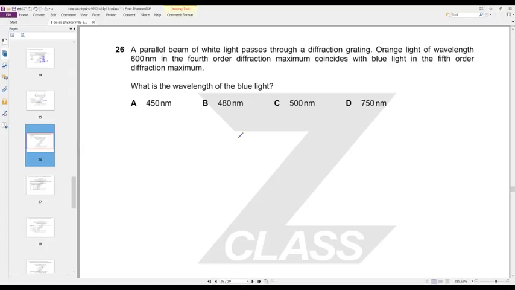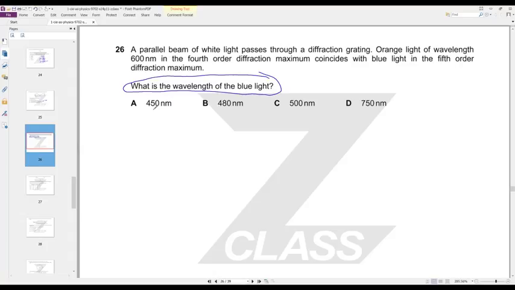You're told nothing about this diffraction grating. So essentially, this is annoying, because are they not just asking purely this bit? Maybe I'm missing something here, but they are just asking you for the wavelength of blue light.